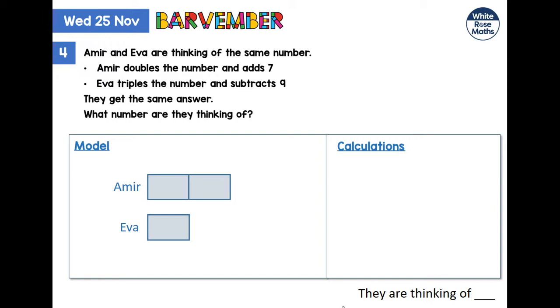Amir doubles the number. So instead of having 2 equal parts, we now have 3. He adds 7. Eva triples the number, so we've now got 5 equal parts, and then she subtracts 9. Now this next line, they get the same answer, indicates that at this point here, where our dotted line is, these numbers are equal.